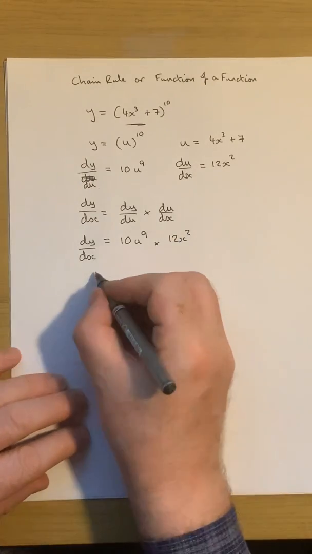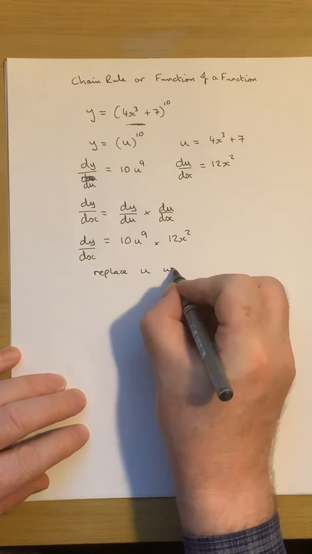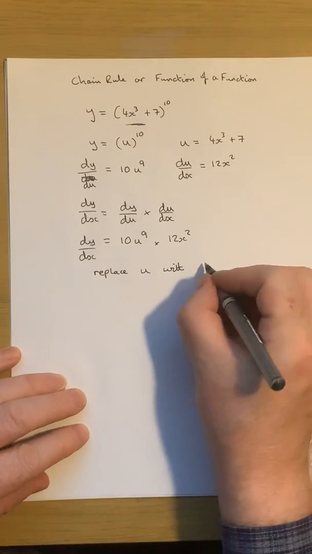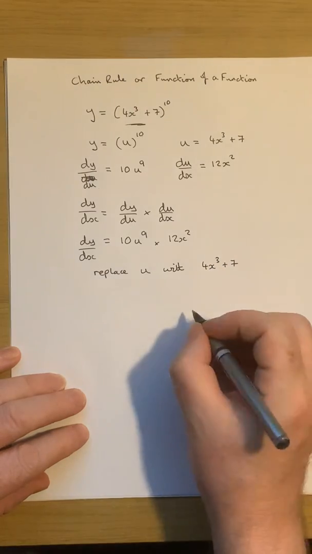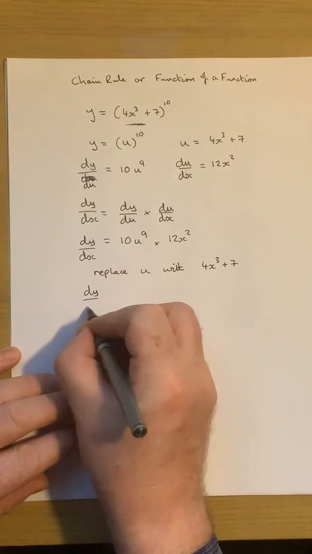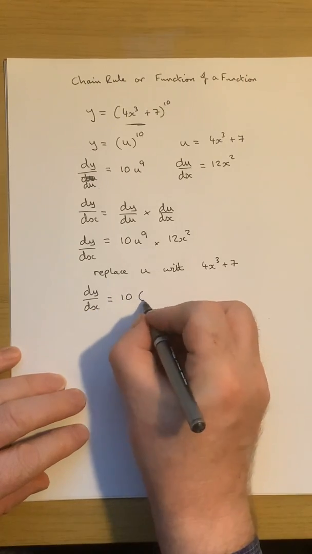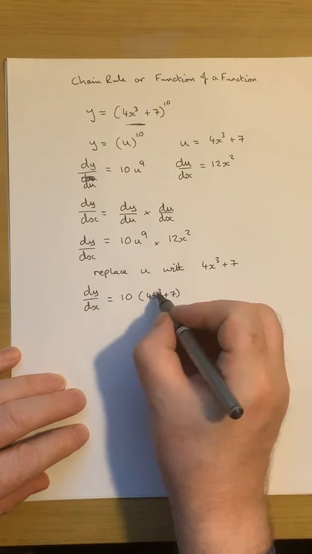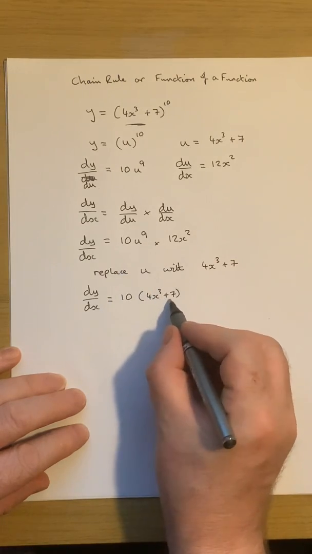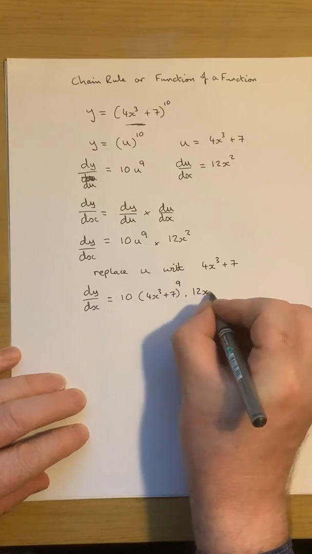And now what I'm going to do is replace u with the contents of the brackets, which was 4x to the power of 3 plus 7. So now dy by dx equals 10 times (4x to the power of 3 plus 7) to the power of 9, times 12x squared.